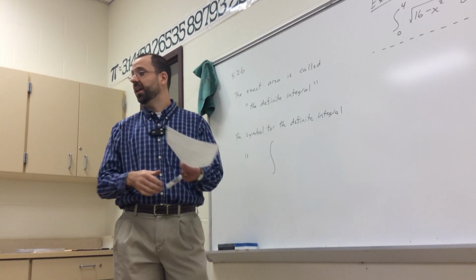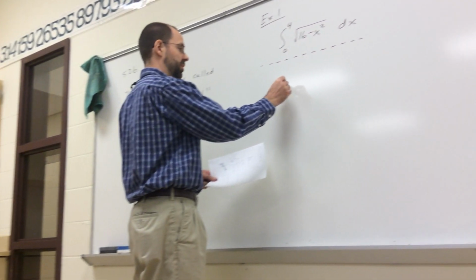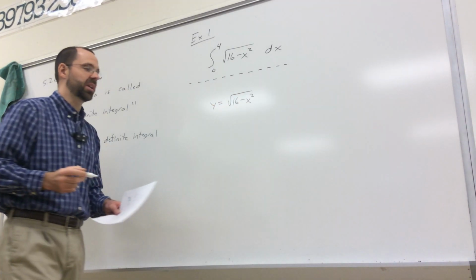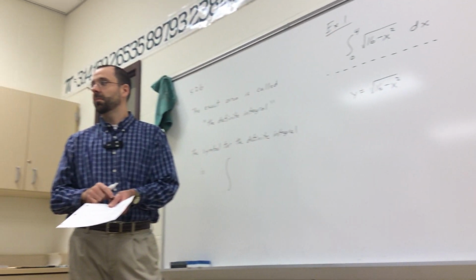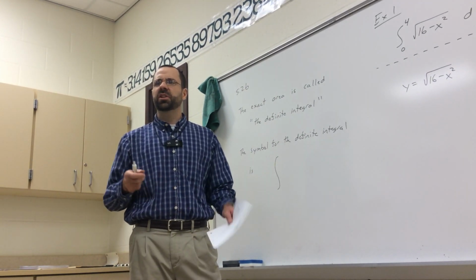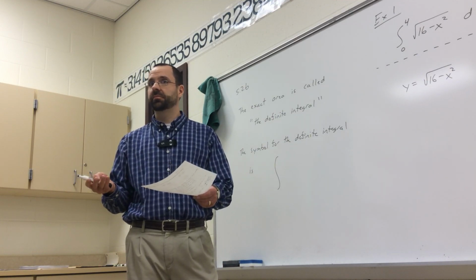Okay, so this looks complicated, but first we're going to focus on the function, which is y equals the square root of 16 minus x squared. So I'm going to try to graph that function, because that's what we're trying to find the area of.